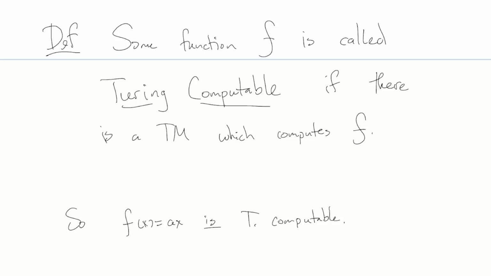I think if you just ask a random person on the street, hey, what kinds of mathematical functions can a computer calculate? I think most people's answers would be like anything. Isn't that like a mathematical function? A computer should always, in theory, be able to calculate it.